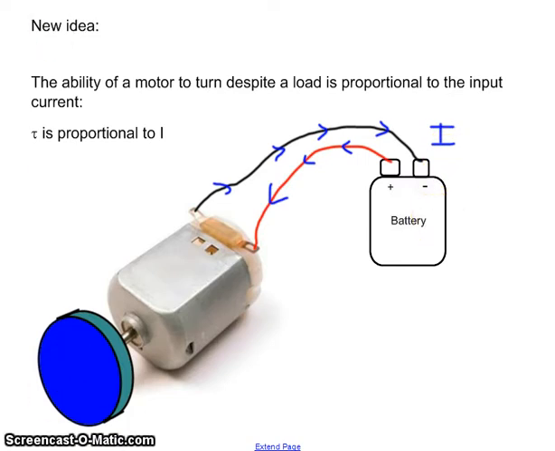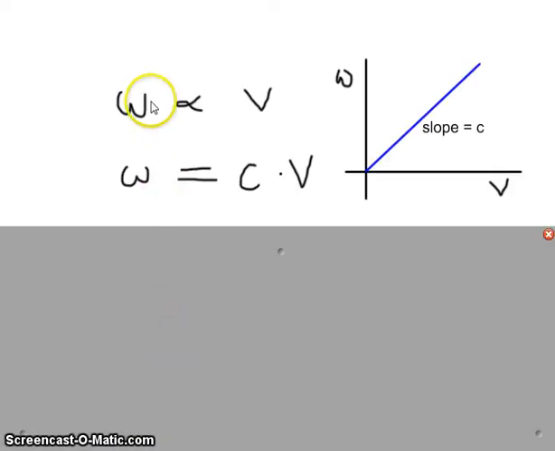So let's take a moment to summarize the two things we know graphically. First of all, we know that the angular velocity is proportional to the input voltage, or omega is proportional to V. That little symbol there is a proportionality symbol, and we can turn that from a statement of proportionality to an equation by just putting in some kind of a constant.